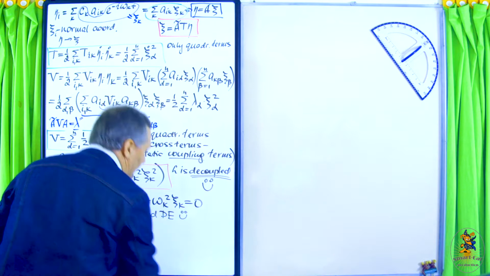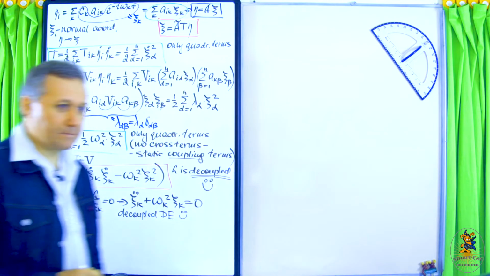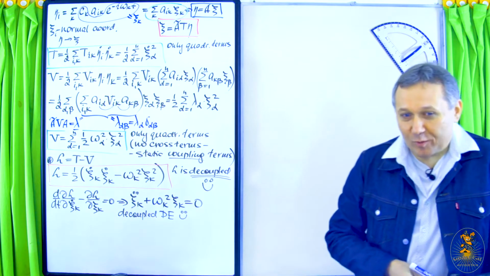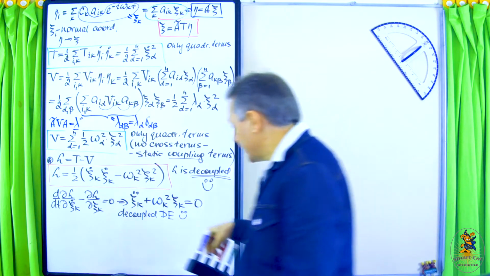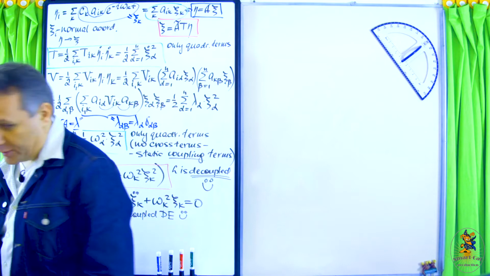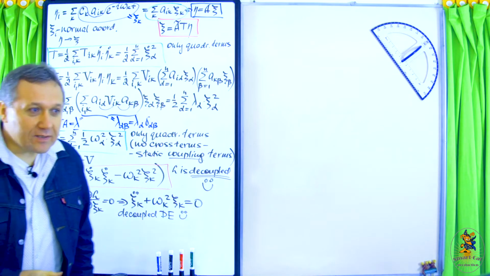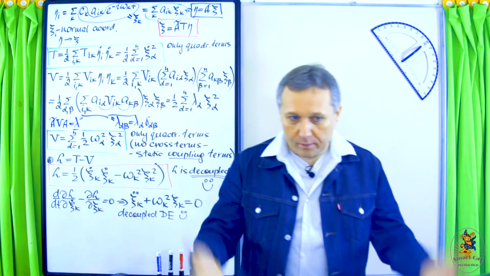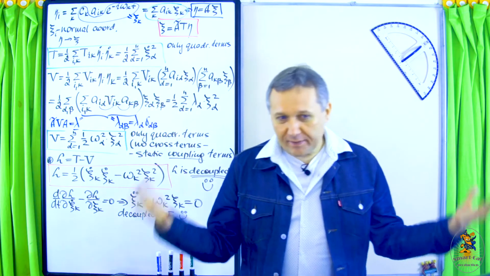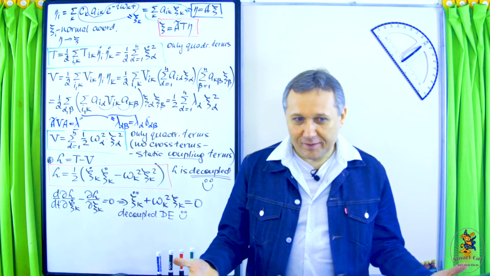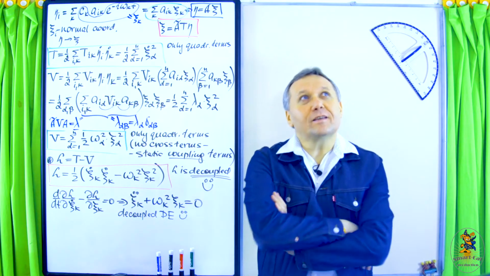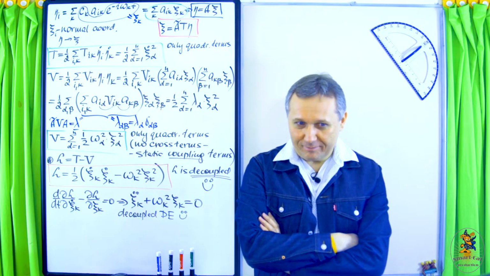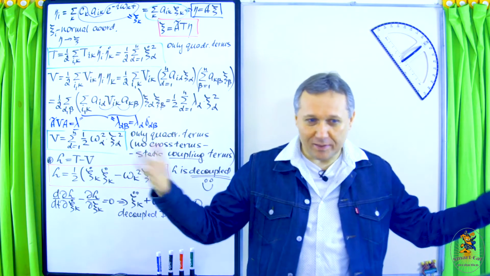Again, it deserves a big happy face. So basically it means what? In these coordinates, xi, in normal coordinates, the system is represented as a system of n isolated simple harmonic oscillators, which are oscillating just by themselves, right?